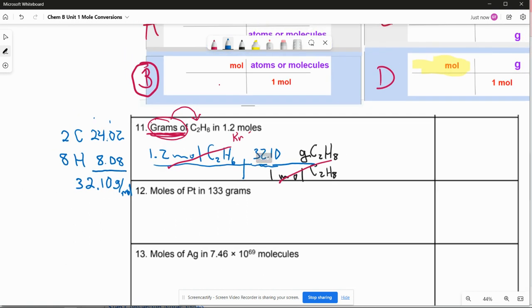On your worksheet, you're intended to write the answer over here, 38.52. And the unit that's left is grams of C2H8.